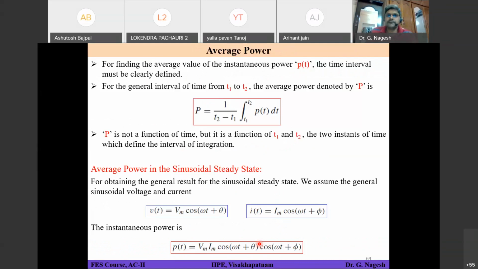There is one more thing called average power. What it means is, for finding the average value of instantaneous power p of t, the time interval must be clearly defined. Usually instantaneous power is simply the product of voltage and current at that particular instant of time.